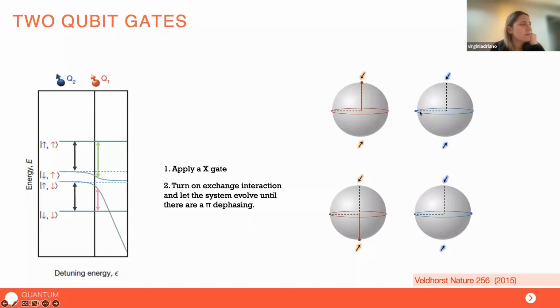Okay, so we have seen that they have rotated at different speeds, and now when we apply another X gate, one of the blue electrons has finished with the spin down, whereas in this situation it has finished with the spin up.